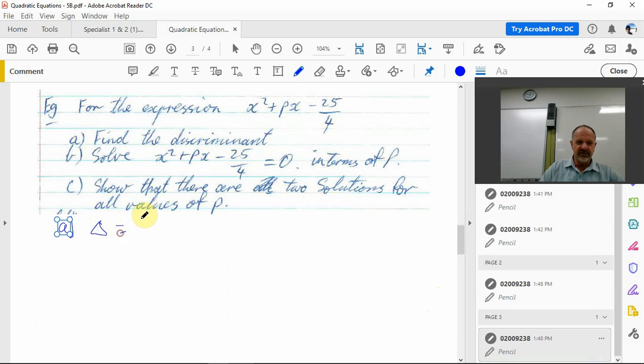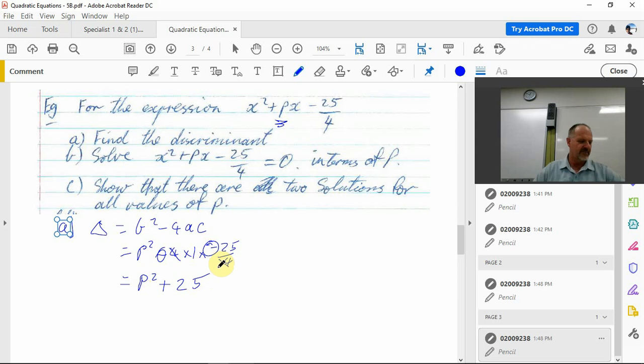Remember, the discriminant is b squared minus 4ac. In this case, b is p, so it's p squared minus 4 times 1 times -25 on 4. P squared, a negative here and a negative here is a positive. The 4s cancel, leaving me with 25. There we go.